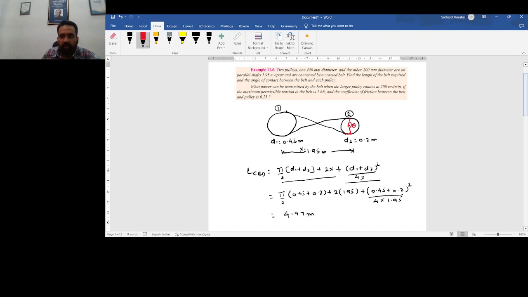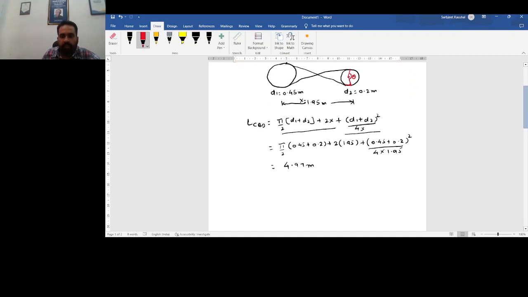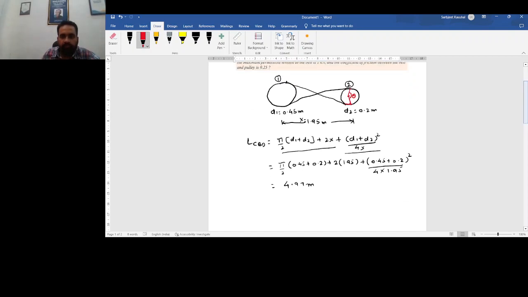Now to find this angle, if this angle is theta, let us suppose this other angle is alpha.